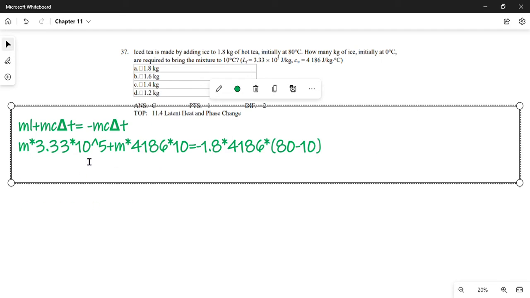You will solve for m and you will find that m equals approximately 1.4 kilogram. So the answer is C.